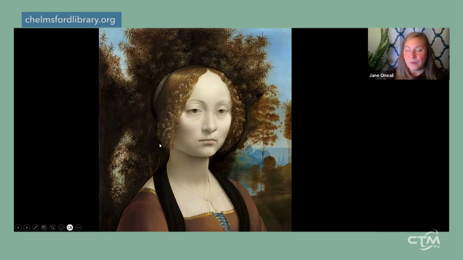So with this work, he was using oil paint, which was still a fairly new medium at the time. And we see that he uses it to great effect to try and suggest the contours, try and model her face here. And she kind of looks like a marble sculpture in some ways, doesn't she?